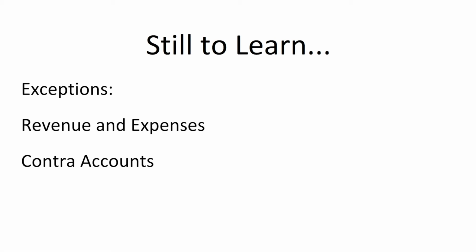Get a sense of the accounts and where they sit in the equation, and then follow that 4-step process for analyzing transactions so that you can begin to come up with the debits and the credits. And then once you get a little bit of a grasp of that, we'll go on to these exceptions.